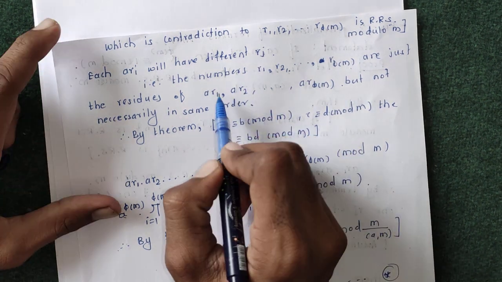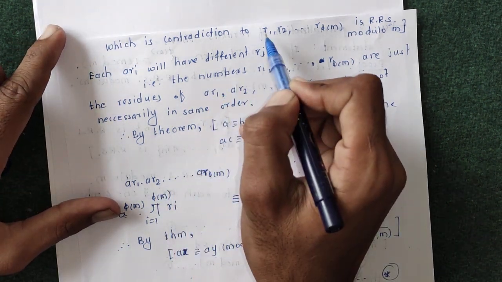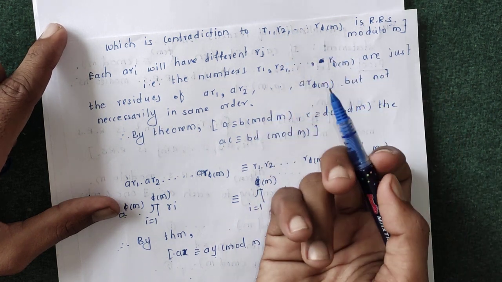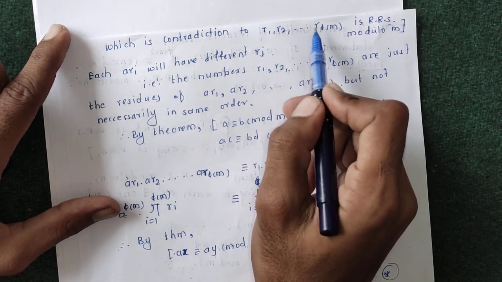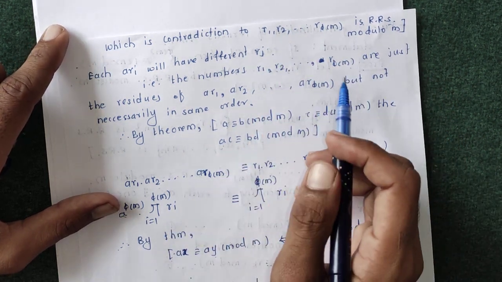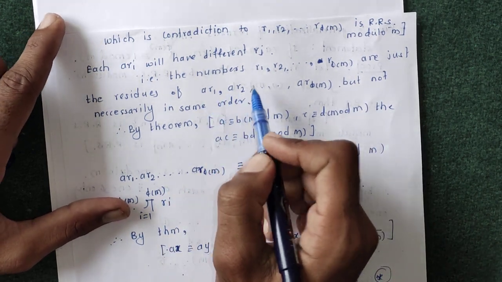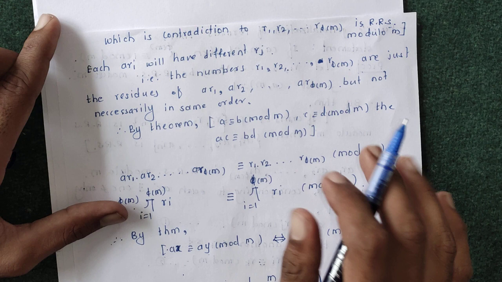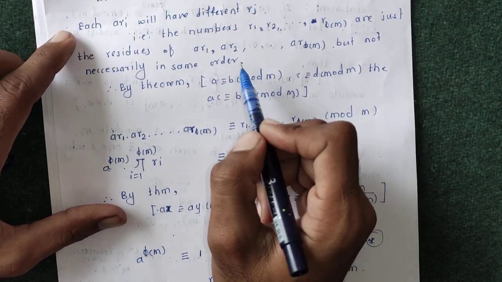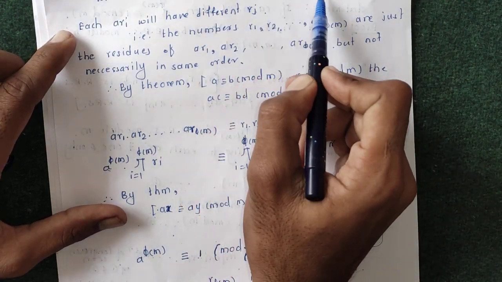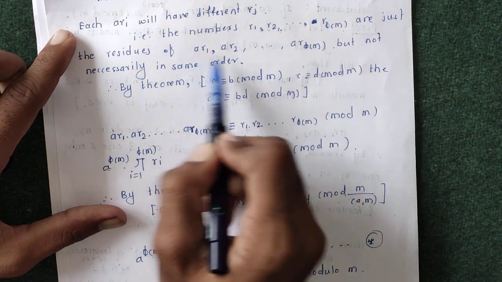That is, we can't say that ar1 is congruent to r1, ar2 is congruent to r2. We can just say that these are residues, but in what order, we can't say. So, we get these ri as residues of these numbers.